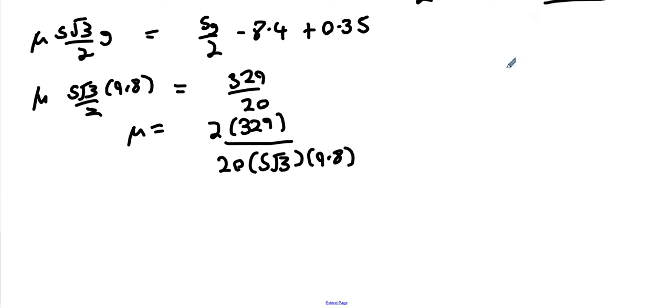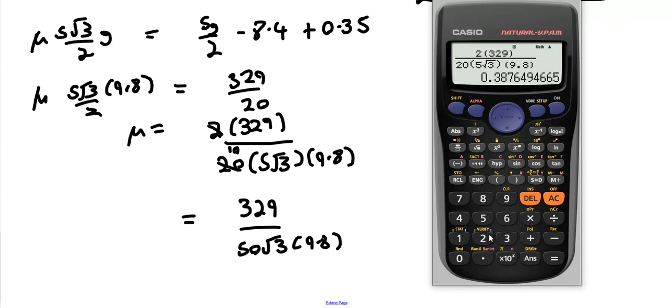So I'll have to break this down the more old school way. So 2 divided by 20 is 10. So 329 divided by 10, 10 times 5 is 50 root 3, divided by 9.8. Now I'm going to divide the 329 by 9.8 and see what happens there.